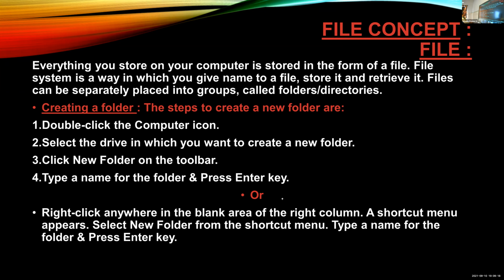Within that folder we can store all the files, so we can easily access the files through this folder. Files can be separately placed into groups called folders or directories.